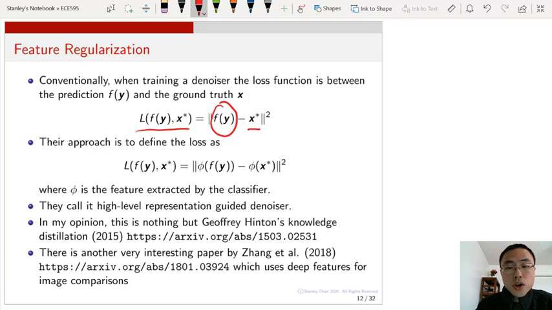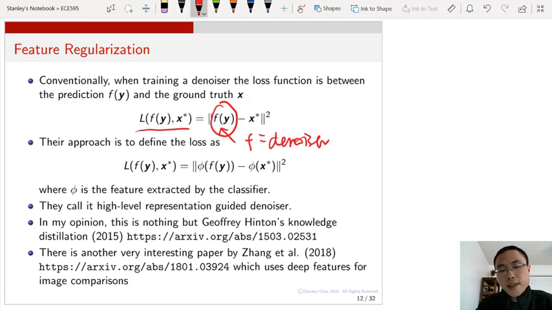Okay, so F is not the classifier. So F is actually the denoiser. Okay, so F equals to denoiser. So you send your y through a denoiser, and then you measure with respect to the clean data.